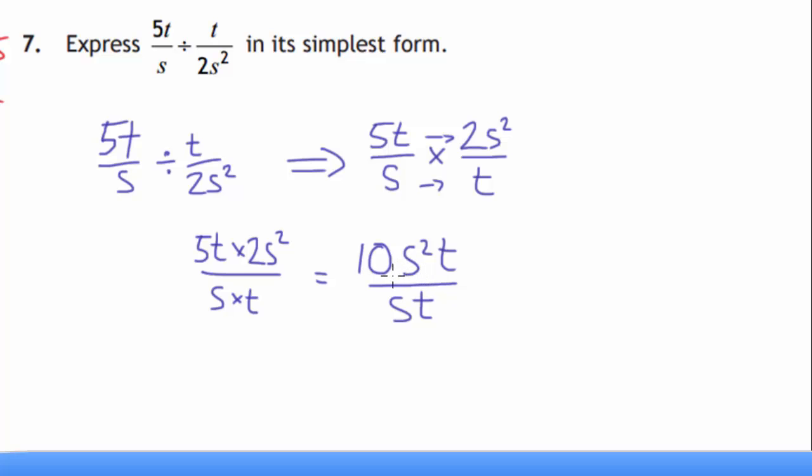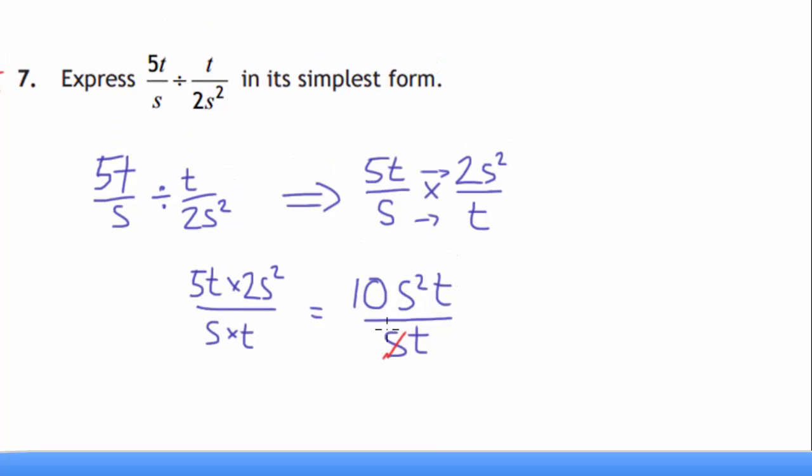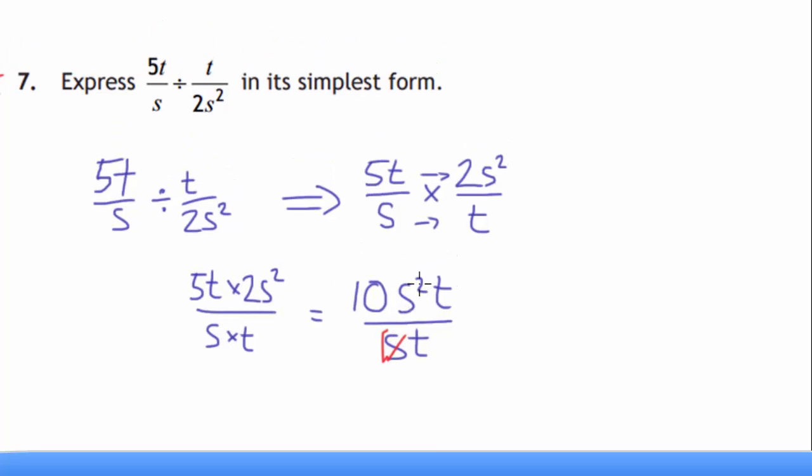We've already got an s here, so that will cancel out, so we're just left with one s. That cancels out with the t, so we don't have anything in the bottom now. So it turns out to be 10s.